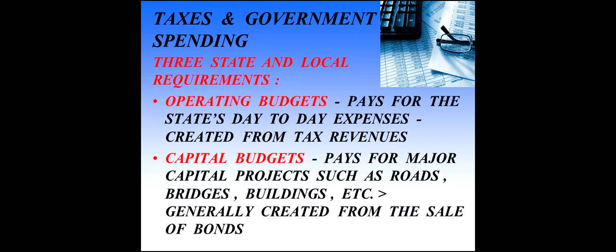There may be some general tax revenues, like, for example, if there's a state or a city sales tax, but also money comes into the capital budget from the sale of bonds, like municipal bonds.